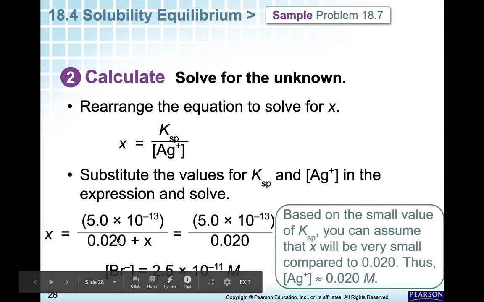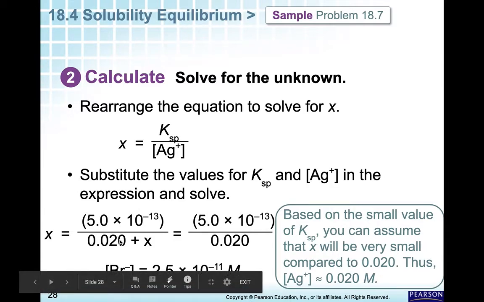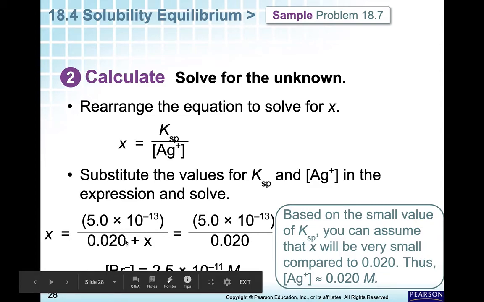Now, let me pause you here. We could solve from here, but it would be a bit more of a lengthy solution. What would you do? Well, we would need to get this whole piece out of the denominator, so we'd multiply both sides by 0.02 plus X. We'd have X times (0.02 plus X).